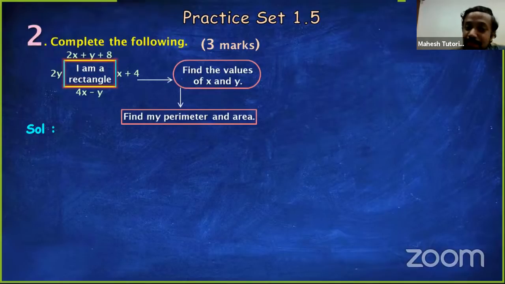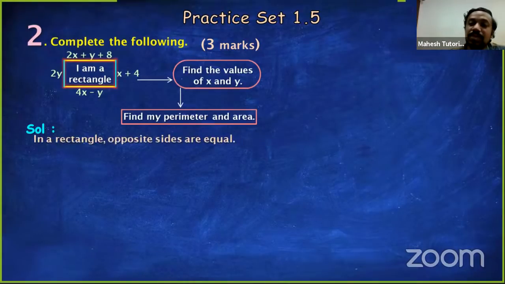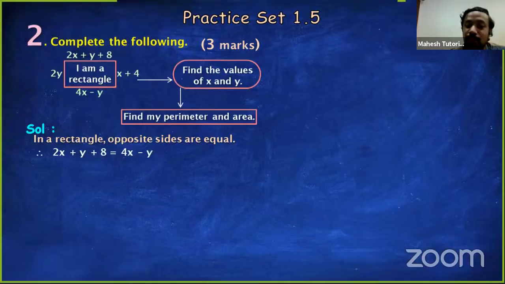These two lines represent the breadth. So if the opposite sides are equal, can I say these two sides are opposite sides? So if these two lengths are equal, I can say that 2x plus y plus 8 is equal to 4x minus y. Using this statement, students, I will frame the first equation.